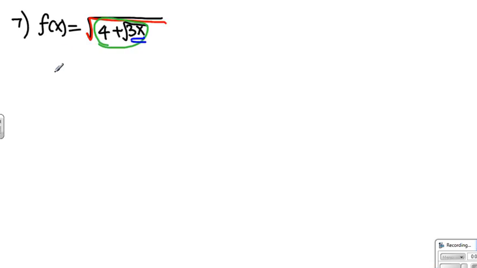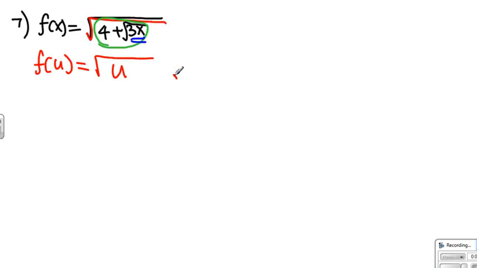So what if you had to set the first expression as f of u? Let me try to write it with red, just to be consistent. F of u, in this case, would have been square root of u, where everything inside becomes u.